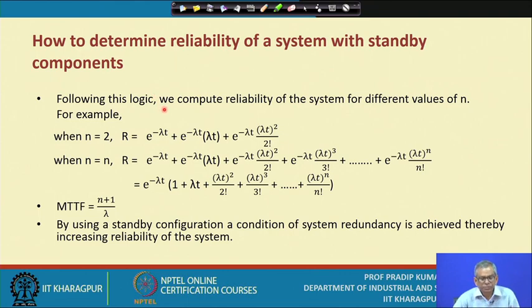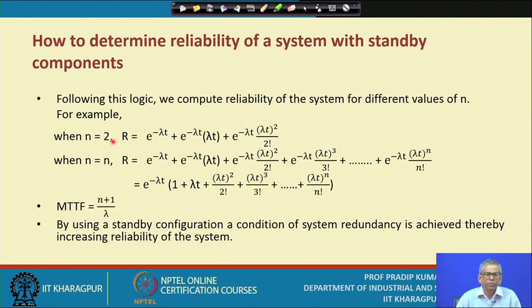Following this logic, we compute the reliability of the system for different values of n. As I have mentioned, the value of n may vary from 1 to n. For example, when n equals 2, up to 2 failures are allowed at any point in time. So there are 3 components in parallel, and to run the system at least one component must run.